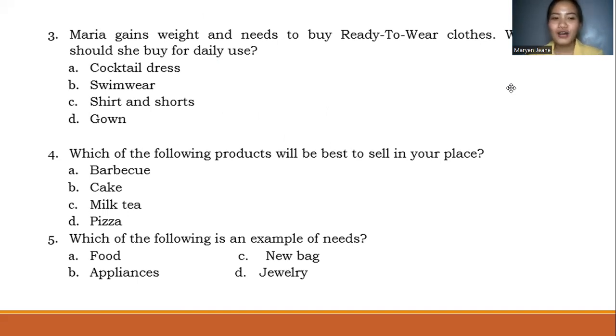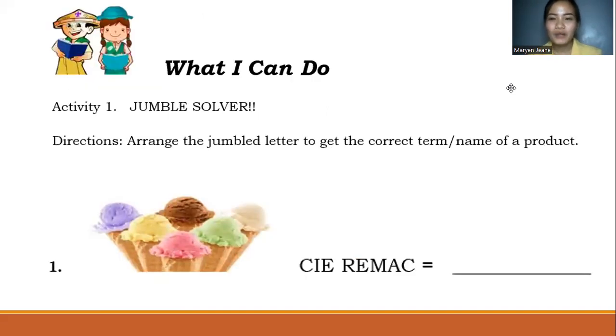Number 5, which of the following is an example of needs? A, food. B, appliances. C, new bag. D, jewelry. Now, in the what I can do part, you answer this on your own again and write your answer in the space provided in the module or on a separate sheet. The direction says, arrange the jumbled letters to get the correct term or name of the product.